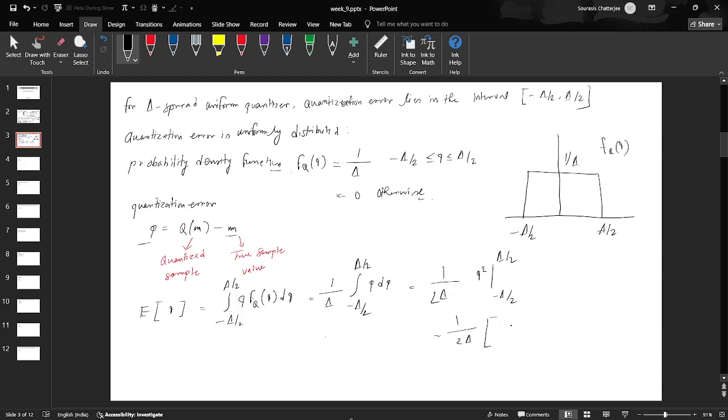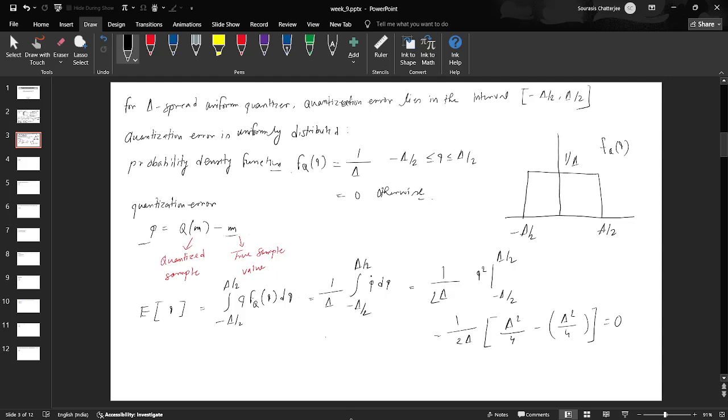This is delta square by 4 minus the same whole square, so delta square by 4 minus delta square by 4, so it comes out to be 0.